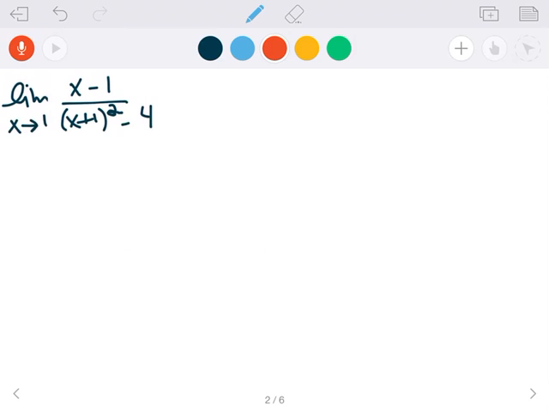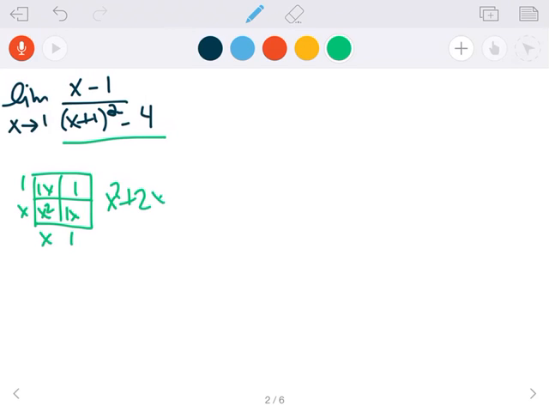And the first thing that we're going to do is try to rewrite the denominator. So when we have x plus 1, the quantity squared, that means x plus 1 times x plus 1, which becomes x squared plus 2x plus 1. And then we're going to subtract 4 from that.